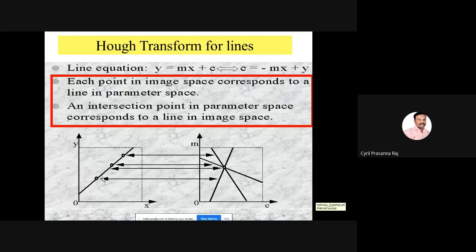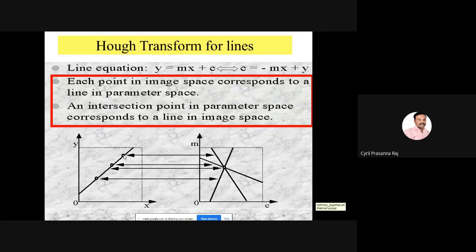for all the corresponding points available on this straight line, there could be multiple lines found in the parameter space. But because all these points are available on the straight line, all these lines that you come across in the parameter space intersect at a corresponding point. How it is mapped is, suppose you have a point here.